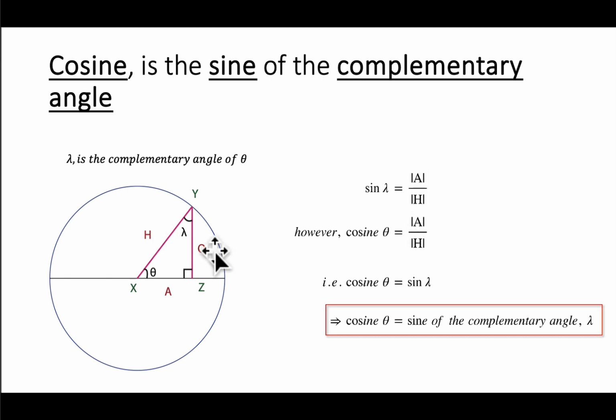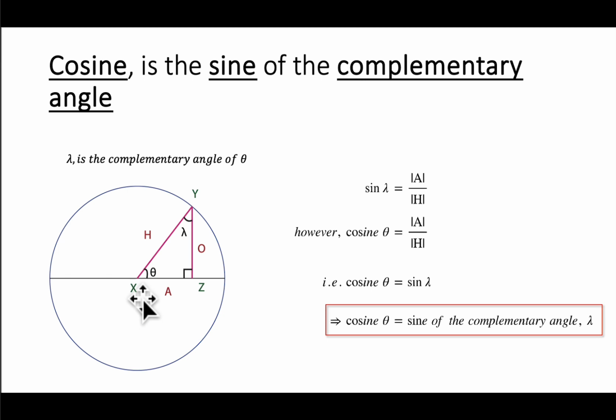So a divided by h is the sine of the complementary angle, and that's why the cosine of theta is the same as the sine of the complementary angle. The reason it's called cosine is basically because it's the sine of the complementary angle.